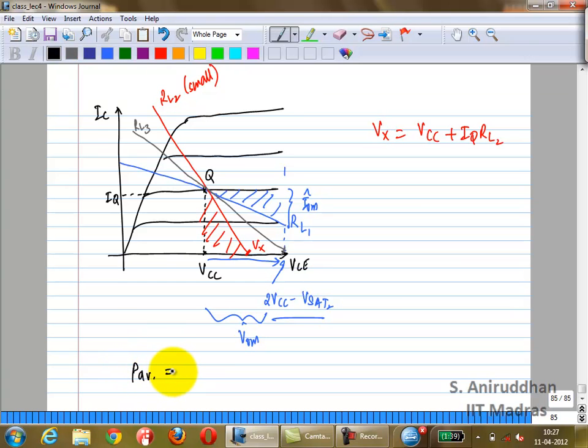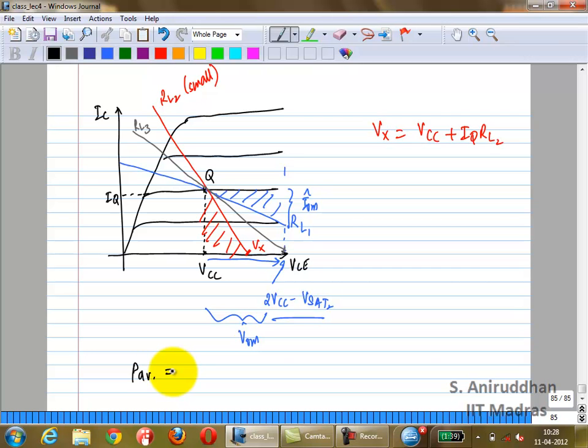What is the average power through the load? Write it in terms of VO hat, IO hat, the peak values.